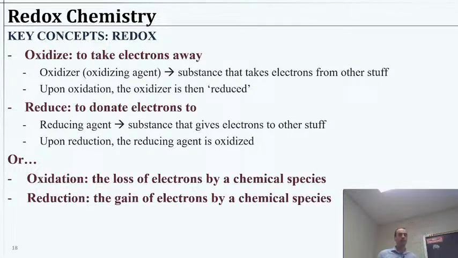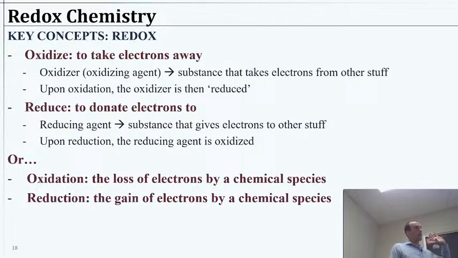It's the shorthand. Any reaction that involves an electron transfer, where the oxidation state of an atom is changed by the transfer of an electron, is a redox reaction.